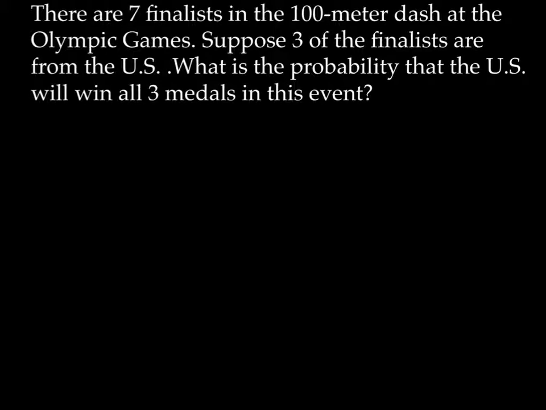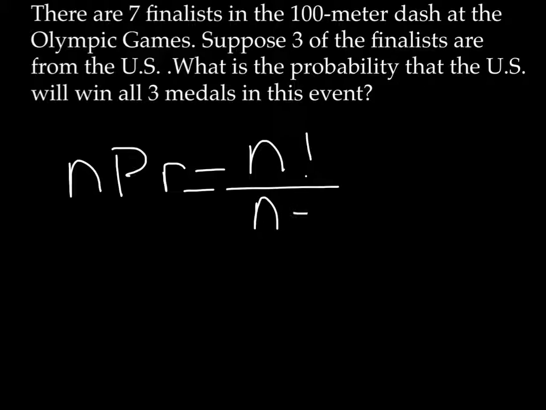So basically, what the formula means, n permutation r equals n factorial over n minus r factorial.